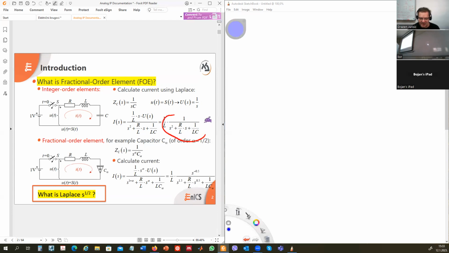This is the normal Laplace transform. But if you have a fractional element like this one here, then all of a sudden you will have Laplace S to the 1/2 or S to the 1.5 and so on. So we ask ourselves, what is S to the 1/2?